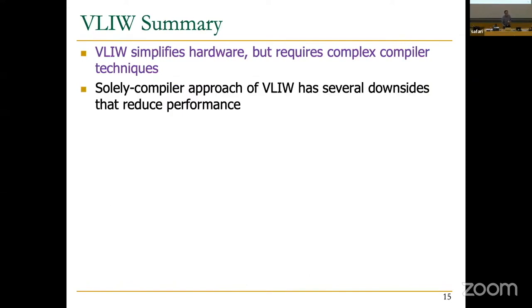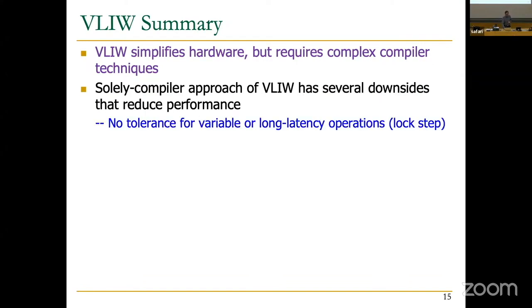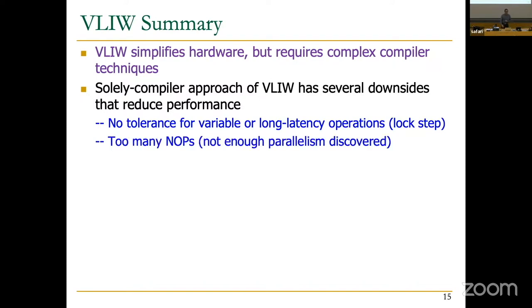As a result, the solely compiler approach of VLIW has several downsides that reduce performance. The most important of which we discussed: no tolerance for variable or long latency operations because of this lockstep execution. Too many no-ops because the compiler may not discover enough parallelism. You could alleviate that with more sophisticated techniques. The first one you cannot alleviate, sorry.